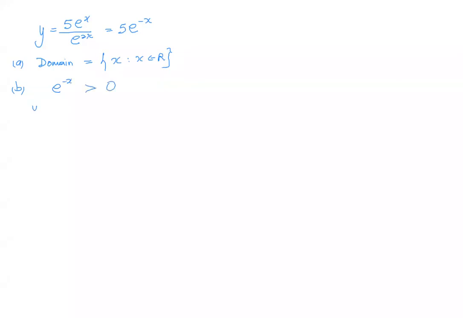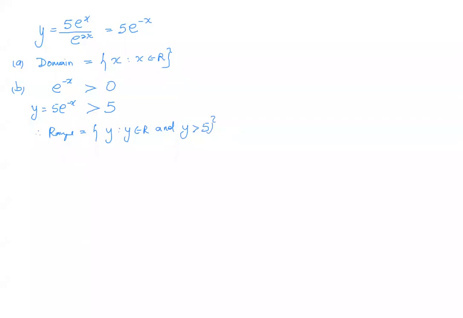So therefore, my y, which is 5e to the power negative x, will be greater than 5. Correct? So therefore, the range will be y, where y is a member of the real numbers, and y is greater than 5.